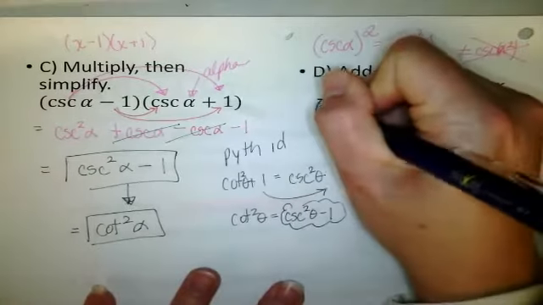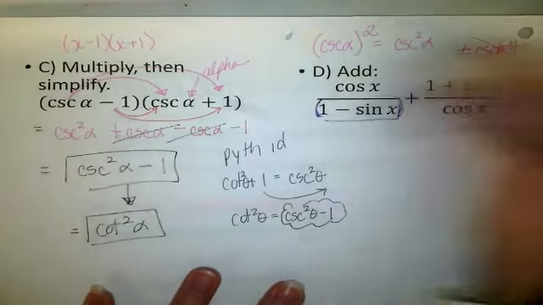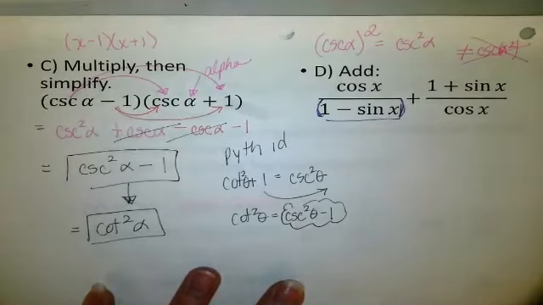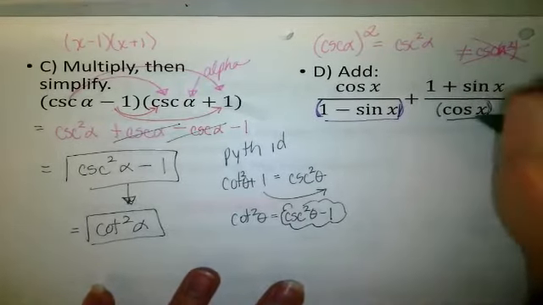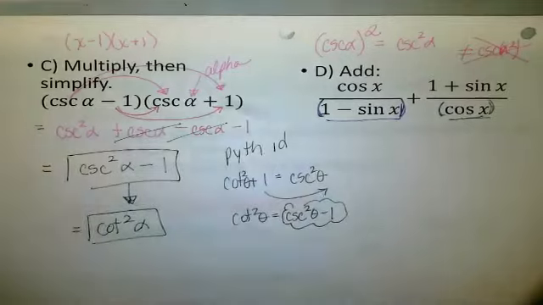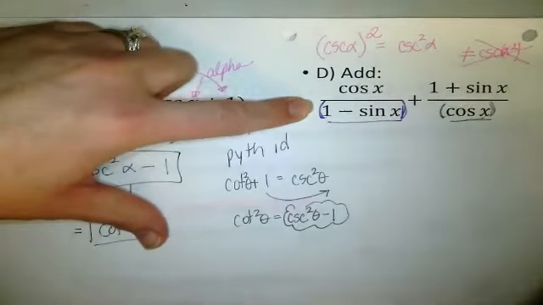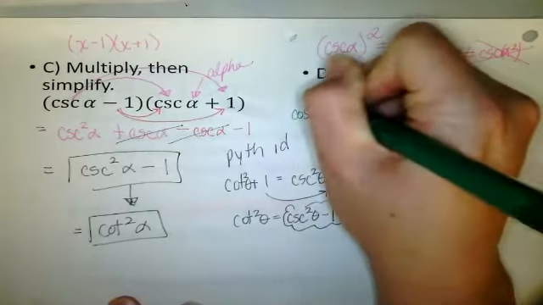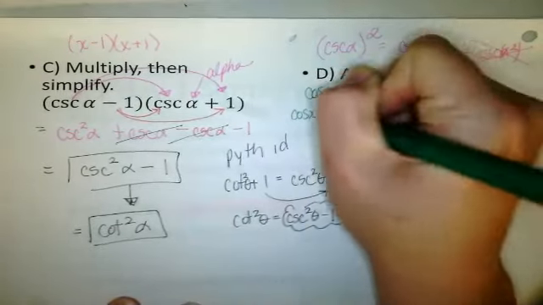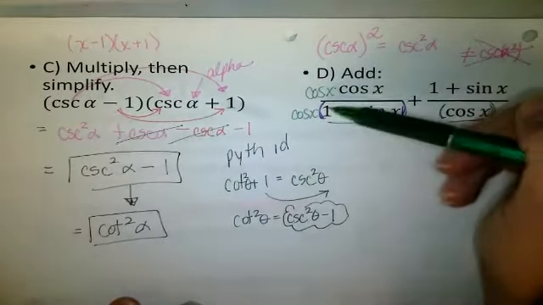So here I have a denominator of 1 minus sine of x, and I have this other denominator of cosine of x, and we need everything. So on this first fraction, what do I need to multiply by? Cosine of x. Yeah, so I'm going to multiply top and bottom by cosine of x, and I encourage you to squeeze it in.